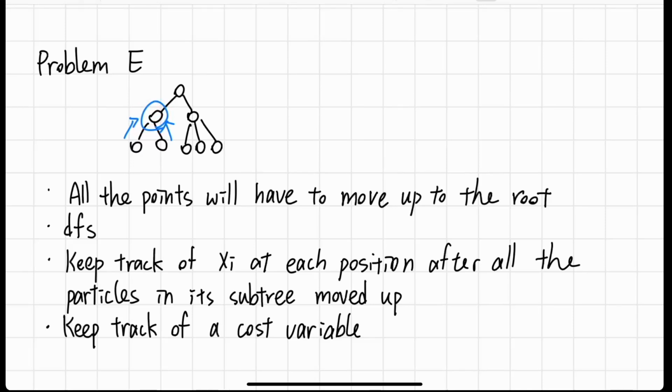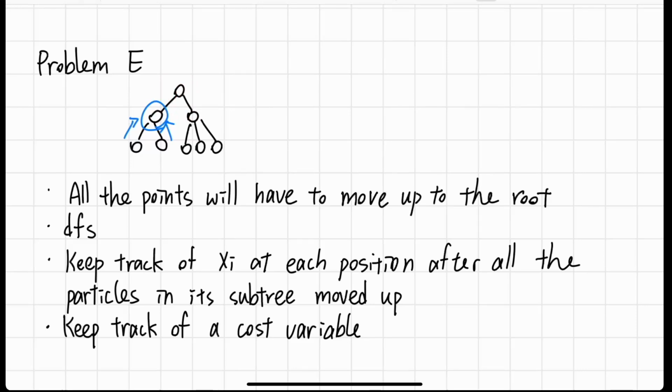For example, here there will be some electrons and here some positrons, and then they will all move up here, and then some number will annihilate here, and then we will use xi to keep track of the remaining particles that are here. And then these will continue to do the same, which is to move up at the end.